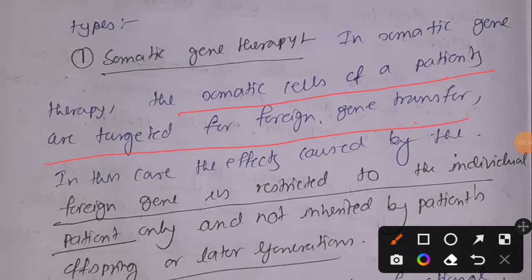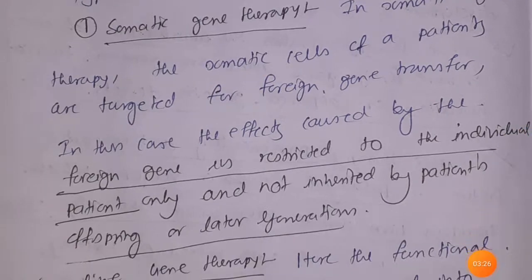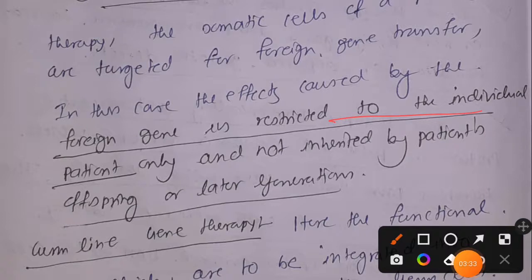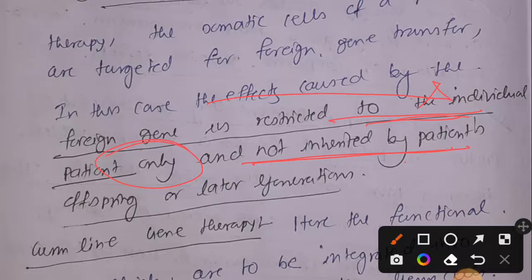In this case, the effect caused by the gene of interest is restricted only to that individual patient. That means the patient's offspring or later generations will not inherit that particular gene.